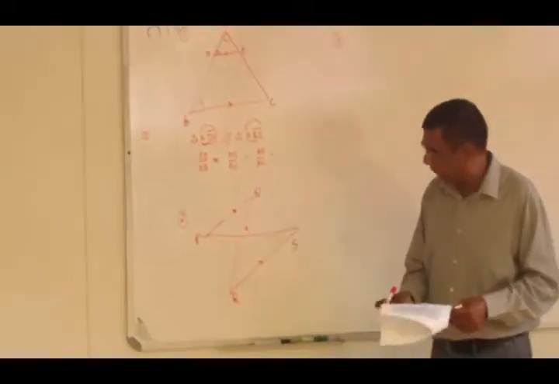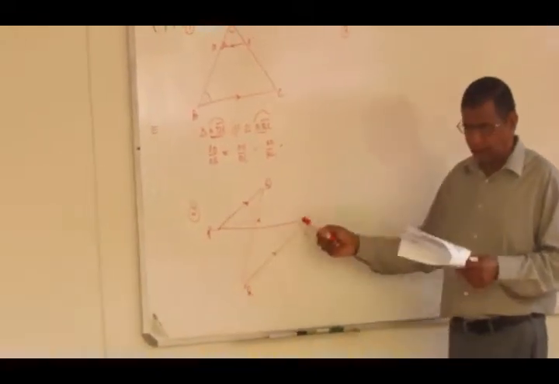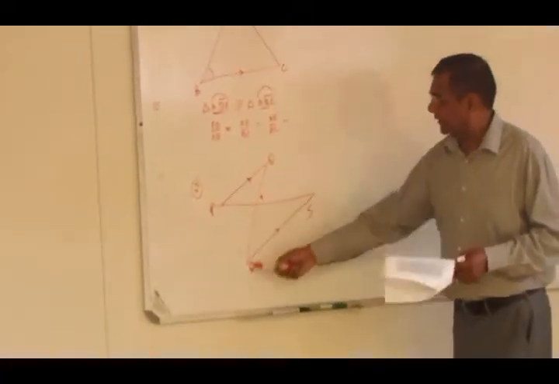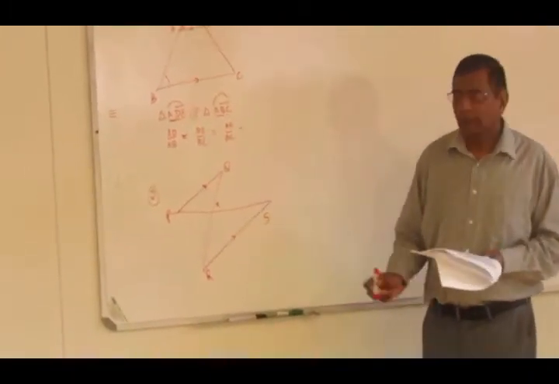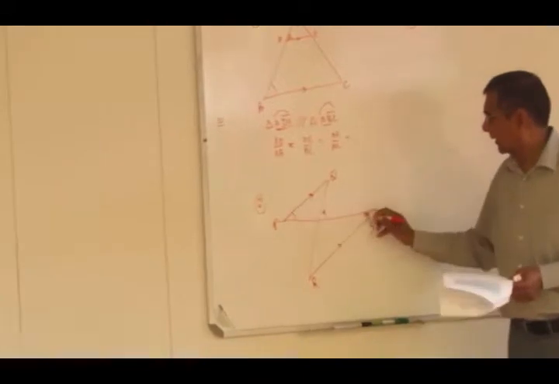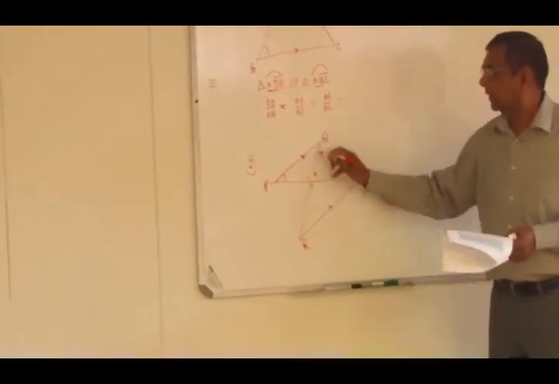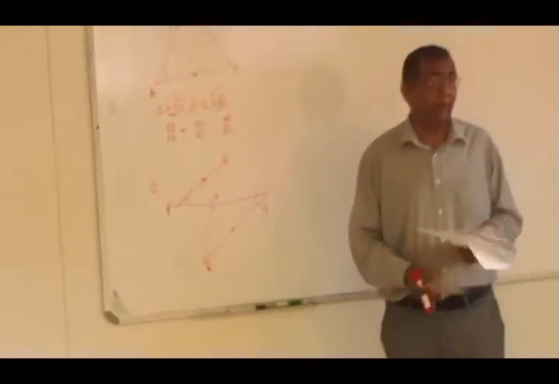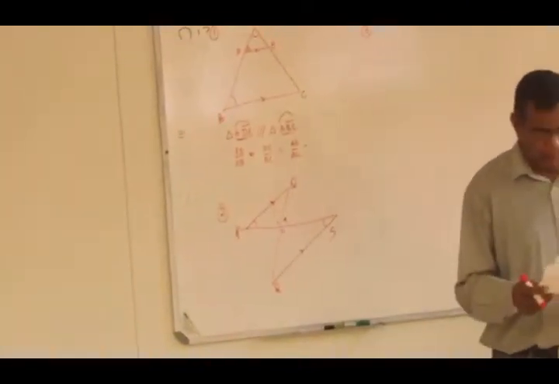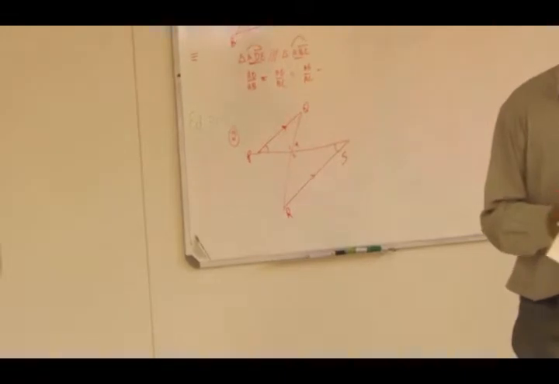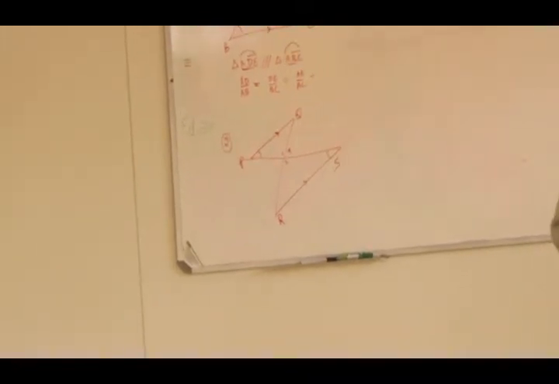I've named them there as PQT and SRT. And how do we know that they are similar? Alternate angles and vertically opposite angles and alternate angles or remaining angles. And so you've got those 2 pairs of triangles parallel, and see I've written the fact down at the bottom. Can you see that? Okay.